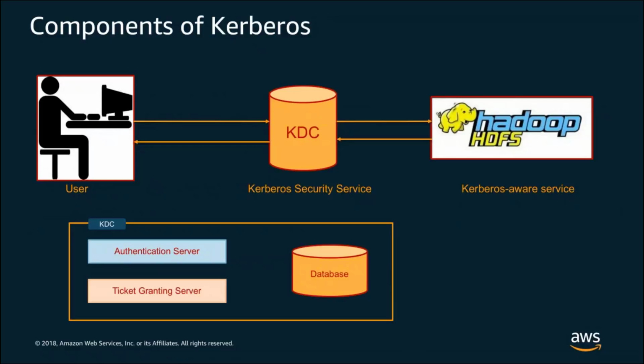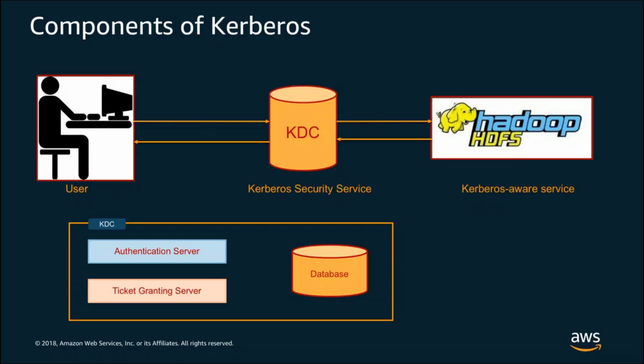So let's look at some of the components of Kerberos. In Kerberos, the services and users that need to authenticate are known as principals. Now, the principals exist within a Kerberos realm. Within the realm, a Kerberos server known as the KDC, as indicated in the schematic, provides a means for the principals to authenticate.